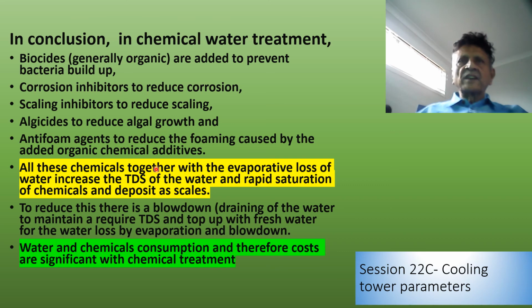Blowdown is actually draining of the water of the tank to reduce the volume of the water and to drain off much of the saturated solution, and topping up with fresh water.